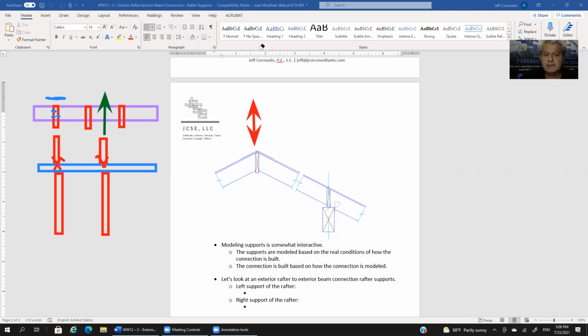Okay, now by extension, let's do similar thinking on the right side of the rafter. Let's start off with horizontal displacement. Am I resisting horizontal displacement of this rafter?